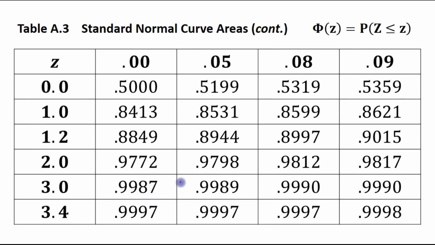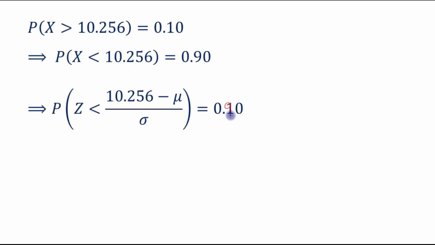Now 0.90. So basically this value is closest, right? The value of z will be 1.28. So we can write the probability that z less than 1.28 equals 0.90, and now we will compare these two values.